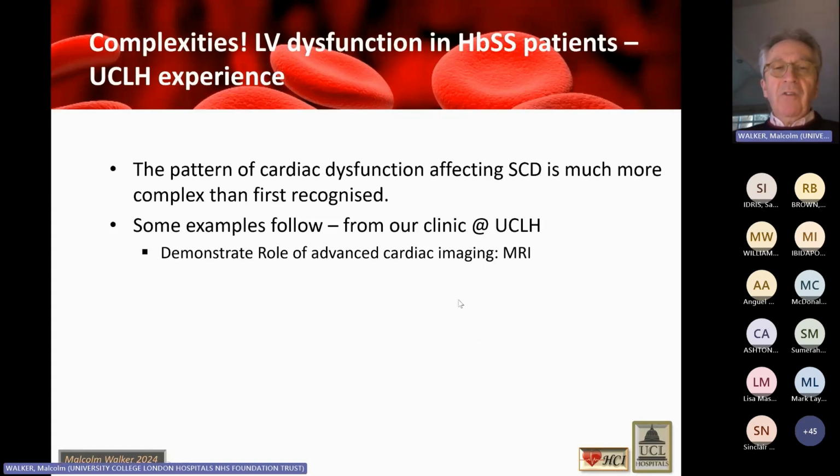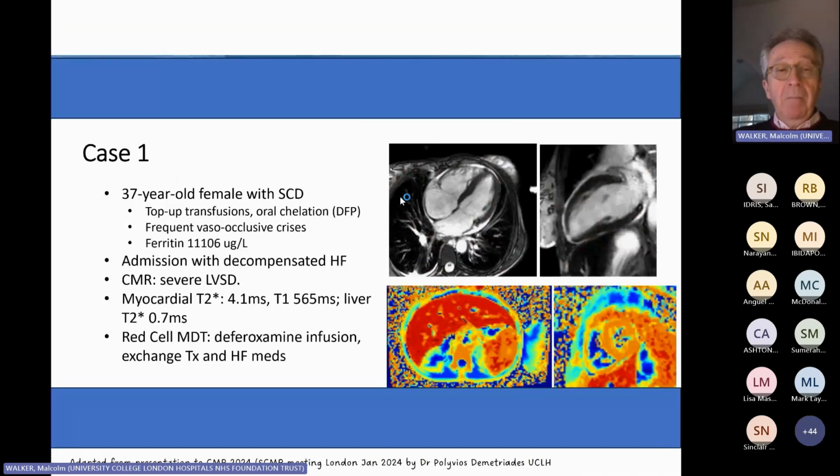So we just put together these 3, and they demonstrate in particular how we are beginning to understand how complex the situation is for the sickle population. Now, we focused here on our patients with left ventricular dysfunction and the different patterns that you might see, and it's much more complicated than just a little bit of restrictive physiology or a little bit of pulmonary hypertension, and I think you'll see what I mean.